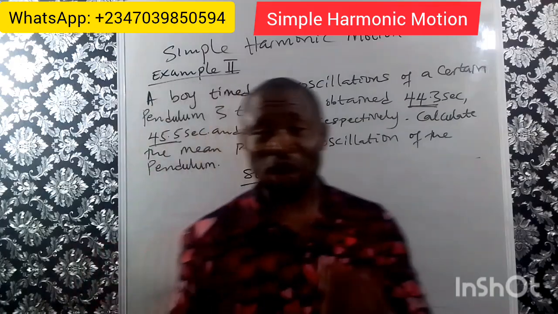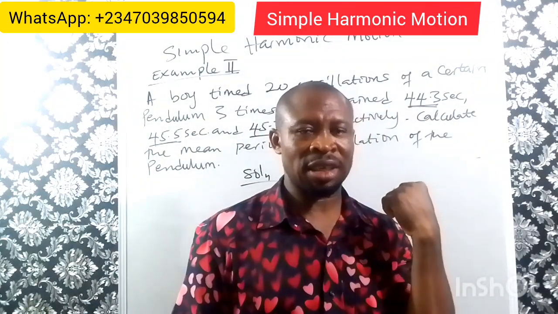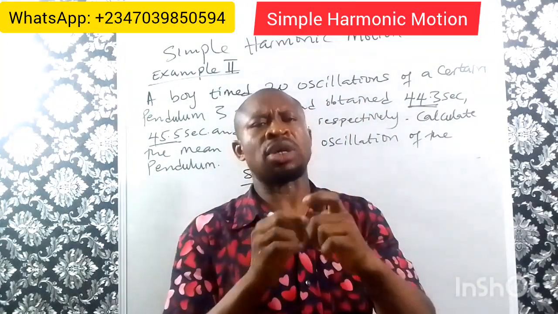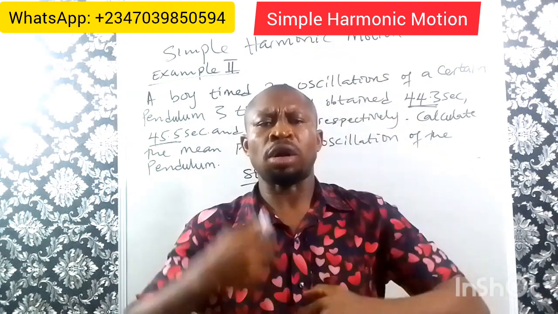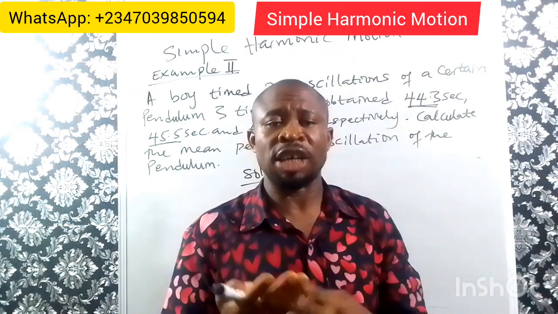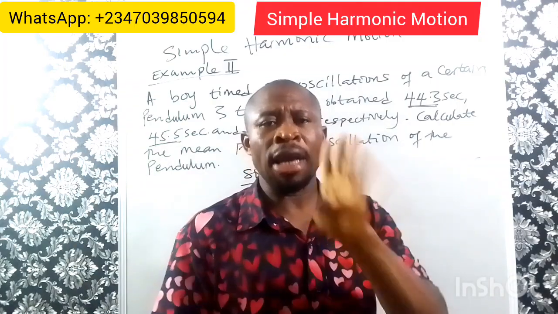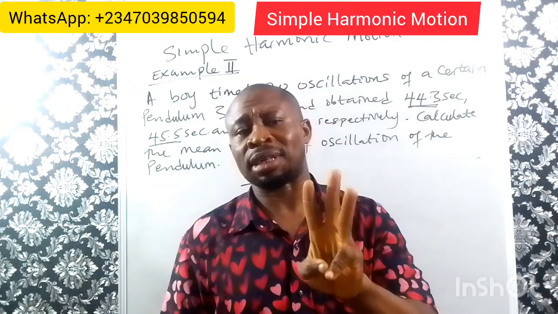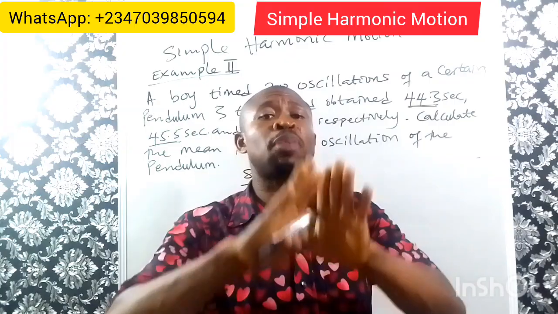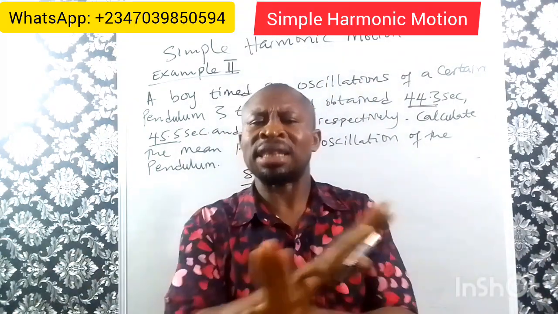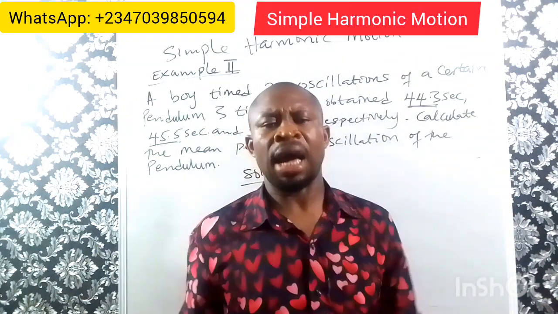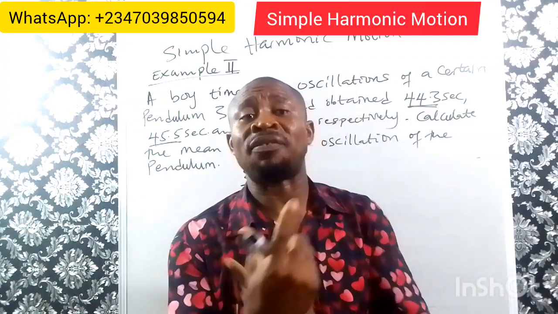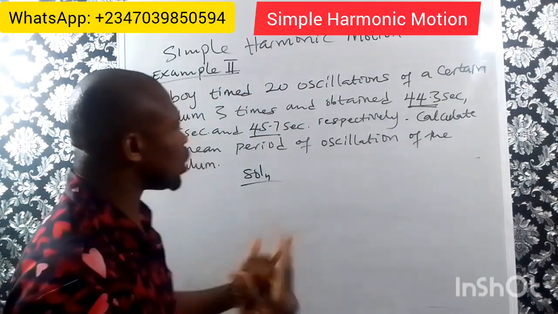This question, you need to understand before you solve it. The question says a boy performed a particular experiment, and the experiment was performed 3 times. Of course, when you perform it, even if you perform it 10 times, you will still get different values. Maybe you can have concordant values, very close values.